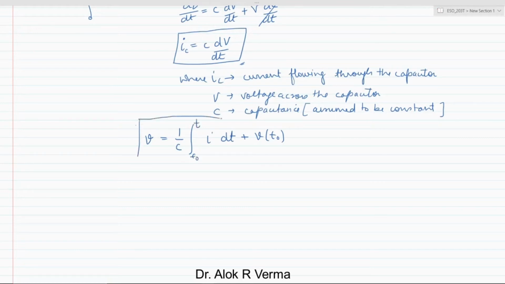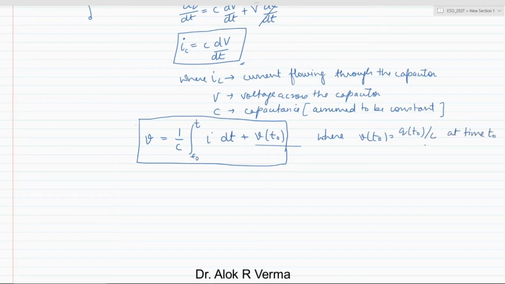You integrate both sides keeping the voltage as a quantity, then you'll get this expression, where V(t0) is nothing but the total charge divided by capacitance at time t0. So basically it is the initial condition or the initial charge.